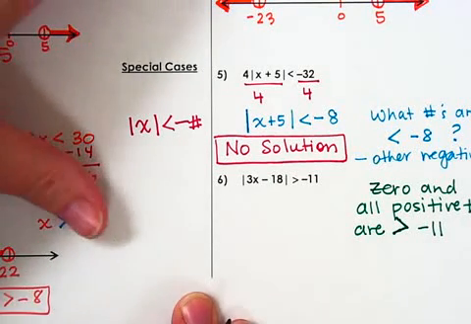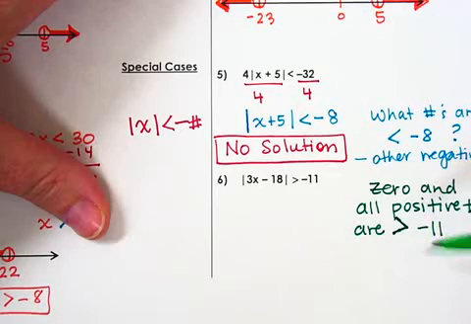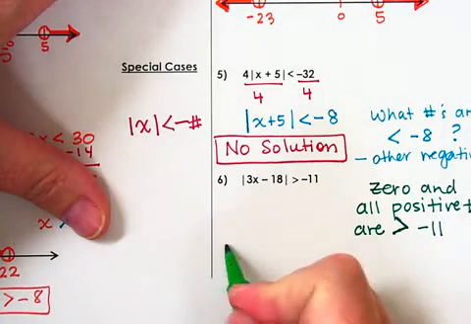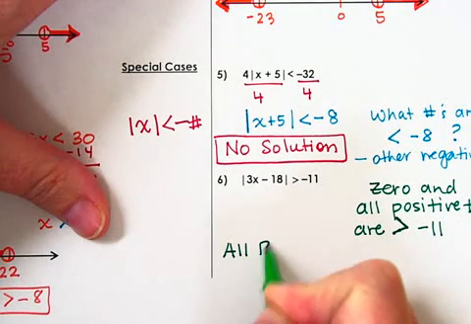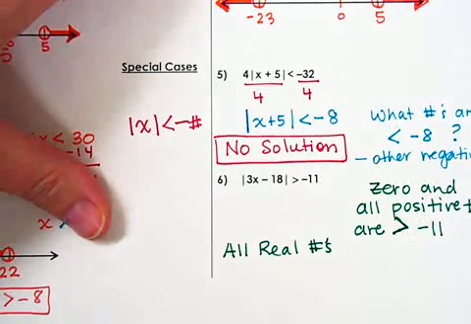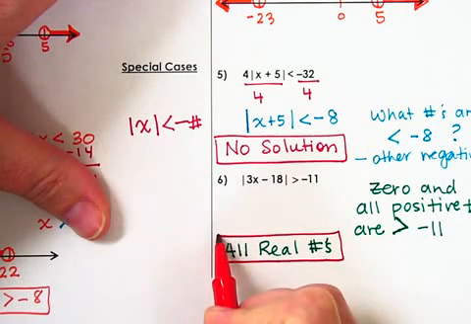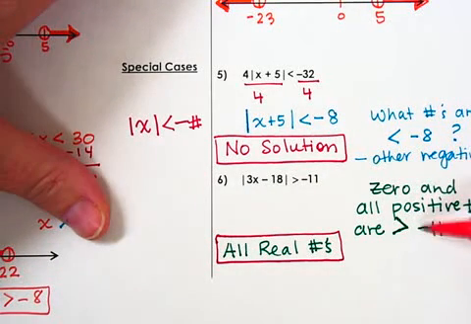So it could be any positive number that's going to be that solution. So that means then the solution is all real numbers. That's my answer. All real numbers. Every number possible because I'm not limiting it.